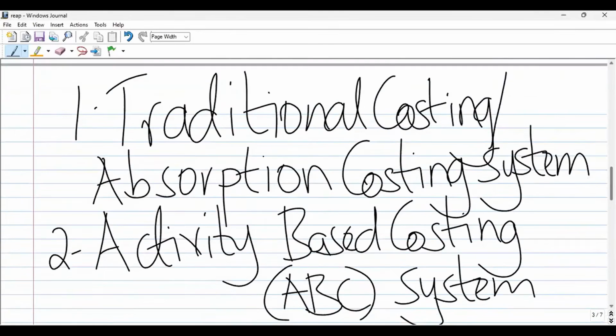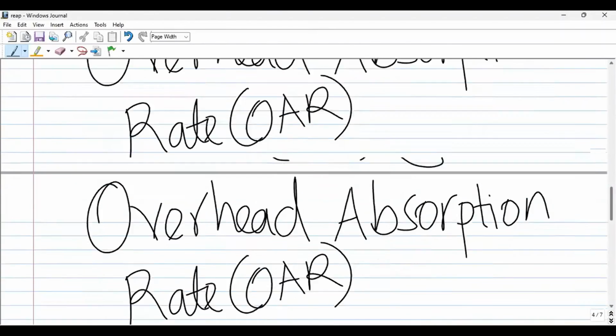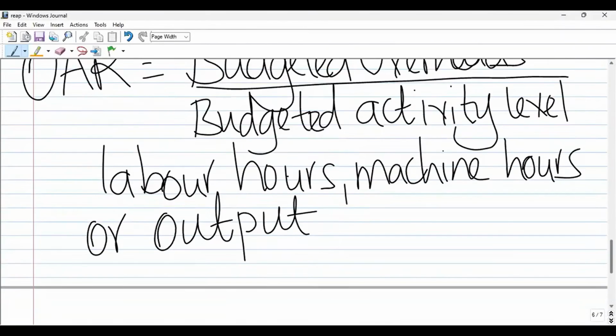So it's called traditional, just like the name suggests, it was traditional. This was the very first costing system that was used at a time when organizations were labor intensive. Technology had not yet come in, so companies were mainly labor intensive. Organizations were only producing a narrow range of products.